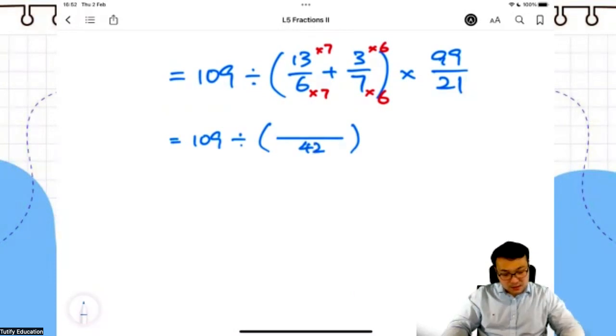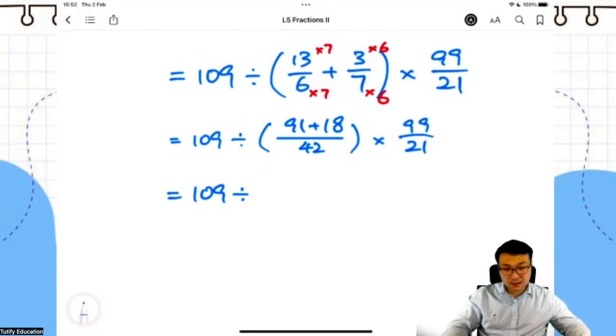So can you tell me what number appears on top? 13 times 7. What do you get? 91. Yes. Then 3 times 6. 18. Well done. Then after that, you continue copying down the rest. So in the end, we have 109 divided by 91 plus 18. What is that?